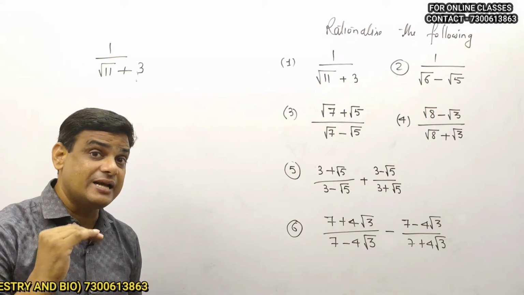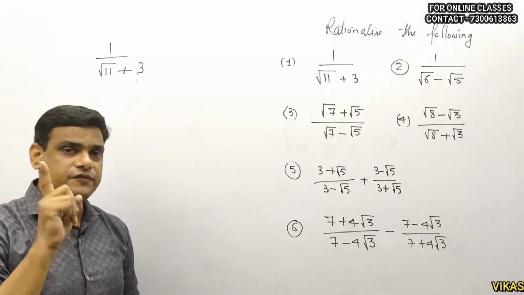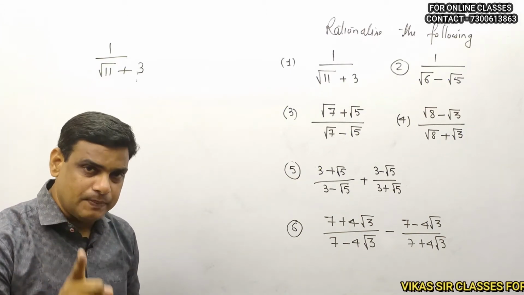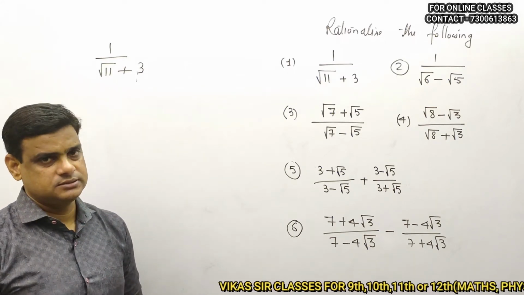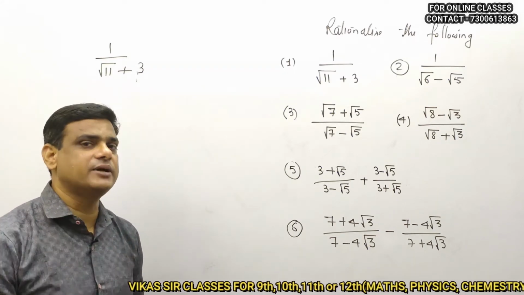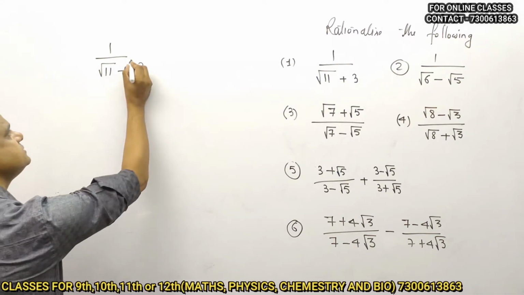Rationalize means rationalizing the denominator. What we are to do is multiply the numerator and the denominator by the conjugate.